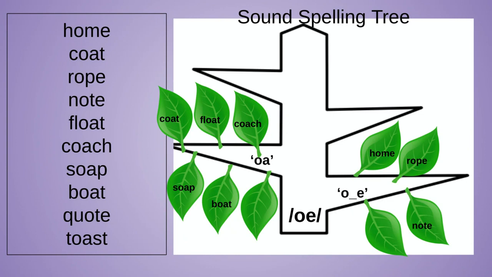The OA branch. What about the word quote? Let's look at that one carefully. Q-U-O-T-E. Oh, fantastic. I couldn't trick you. It is O consonant E. And our last word is toast. Right again, it is on the OA branch.